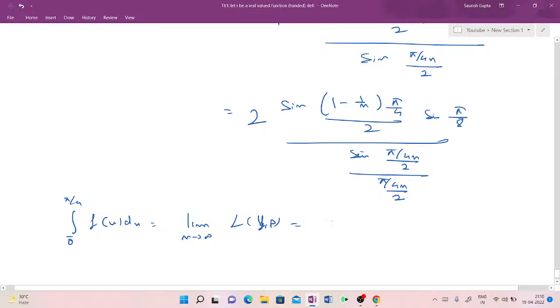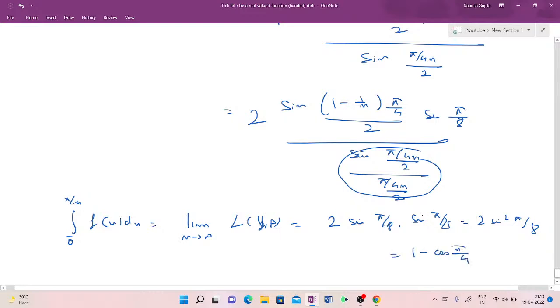So this becomes 2 sine pi upon 8 times sine pi upon 8, and the limit of this particular value is 1. So this is 2 sine square pi upon 8, which you can write as 1 minus cos of pi upon 4, which is 1 minus 1 by root 2.